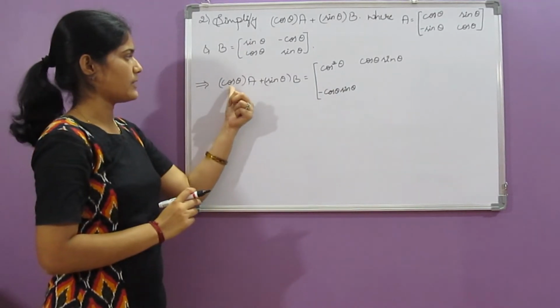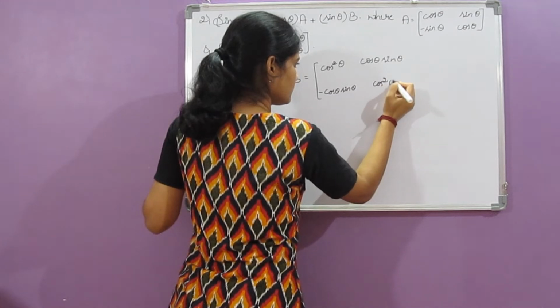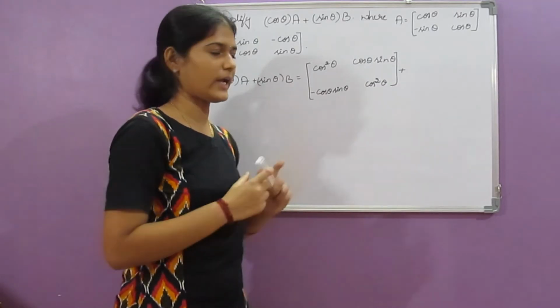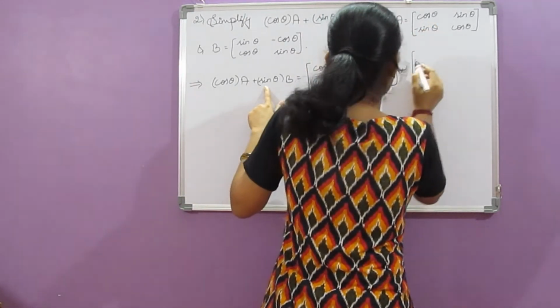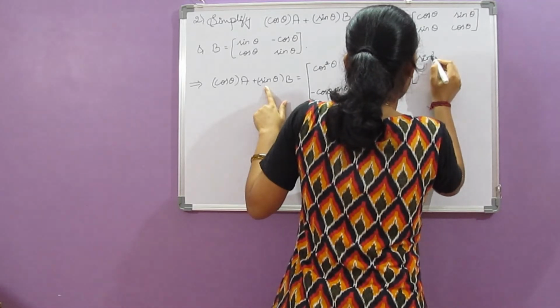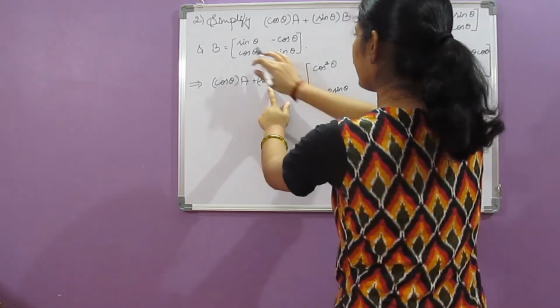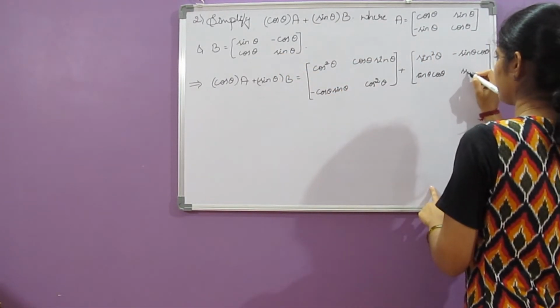And the last term is cos theta into cos theta, that is cos square theta. Plus B into sin theta will be sin theta into sin theta, that is sin square theta. Then sin theta into cos theta, sin theta into cos theta. Then the last term is sin square theta.